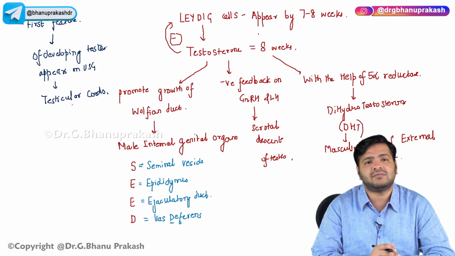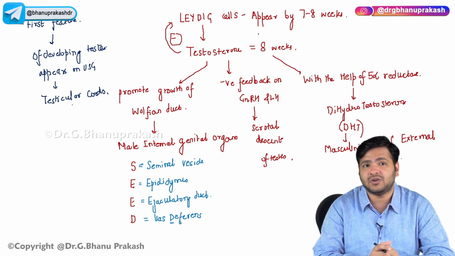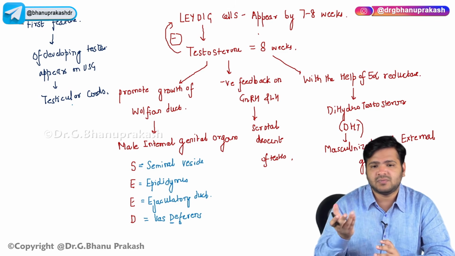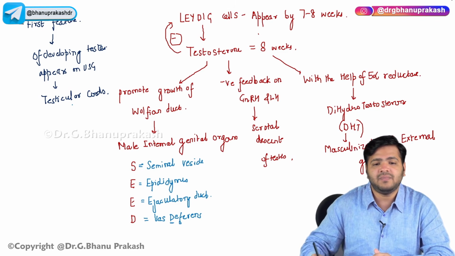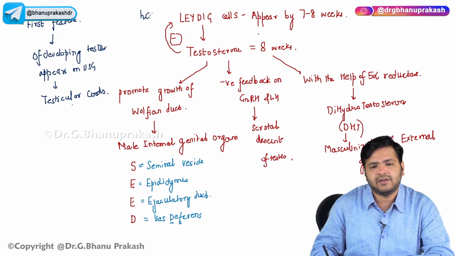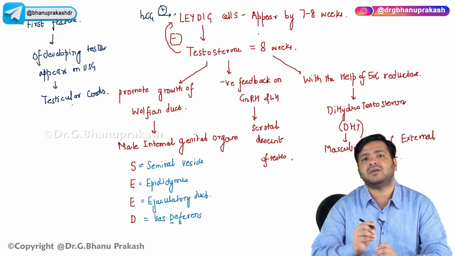The descent of the testis occurs with the help of the gubernaculum. Now the first stimulus for these Leydig cells is coming from HCG. This also you already know.